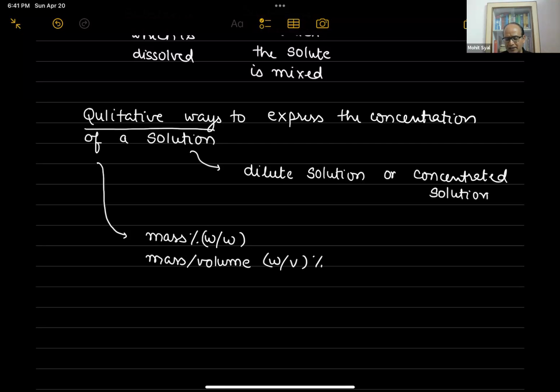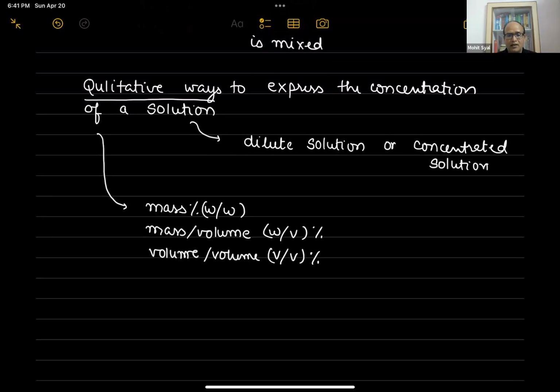Mass by volume percentage and volume by volume percentage. Okay. Volume by volume percentage, in short, is written as V by V percent. Right. Yes. And what are the other terms, Marwa?